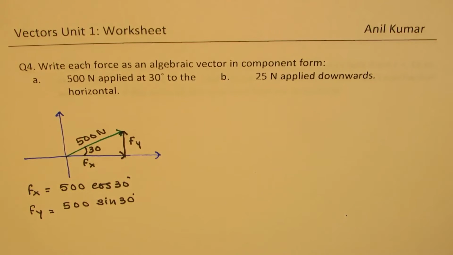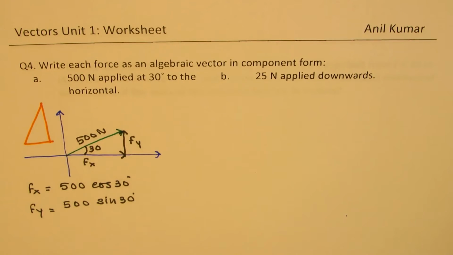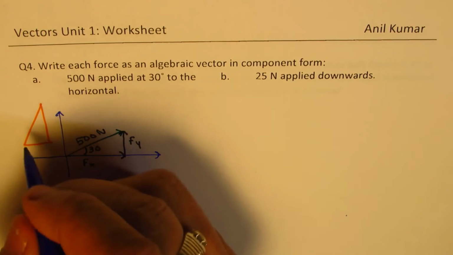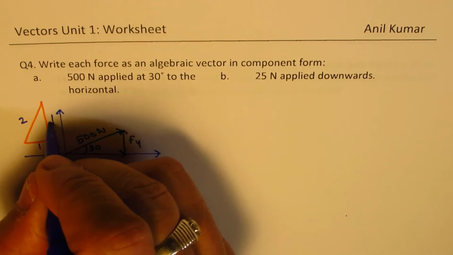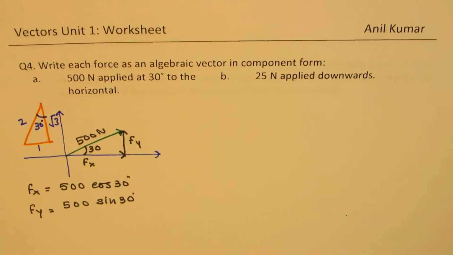You can always use your special triangles in such cases. So let me just sketch one special triangle here, which will be 1, 2, square root 3. We're talking about 30 degrees, which is right there.